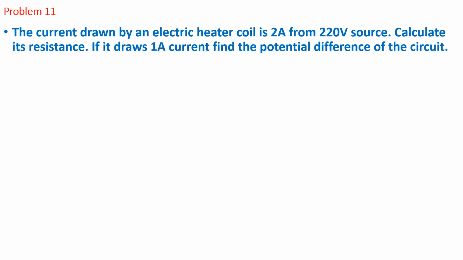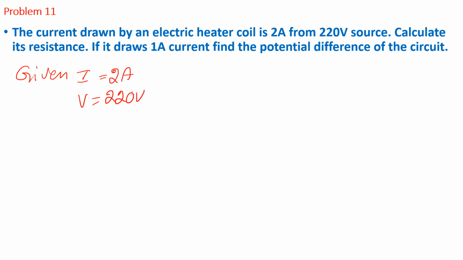The next question which is asked is, the current drawn by an electric heater coil is 2 amps from a 220 volt source. They have given the values: the current drawn, that is I is equal to 2 amps from a 220 volt source, that is V is equal to 220 volt.